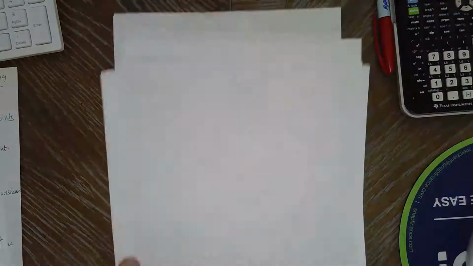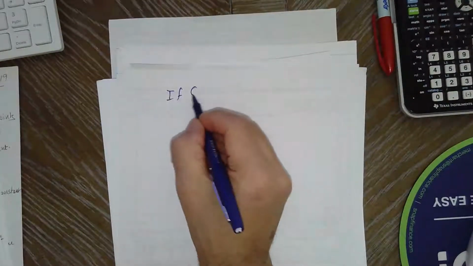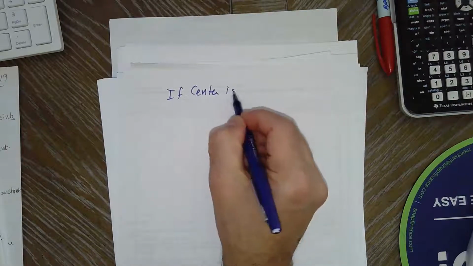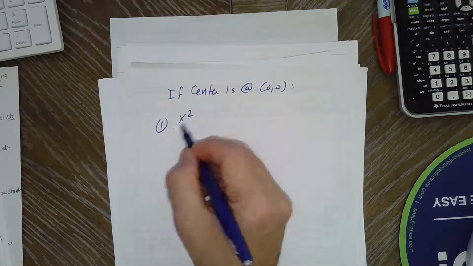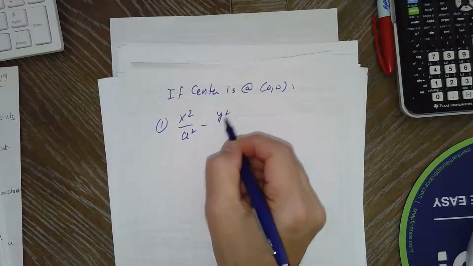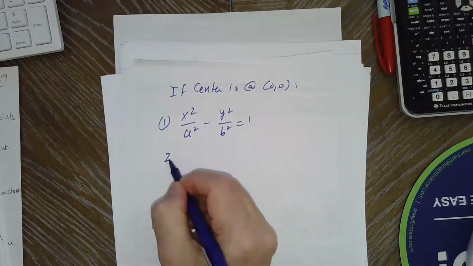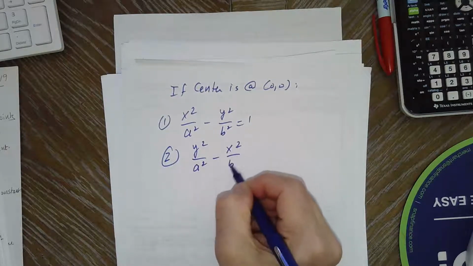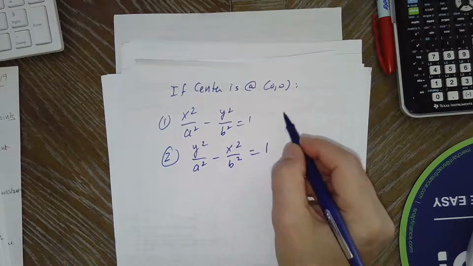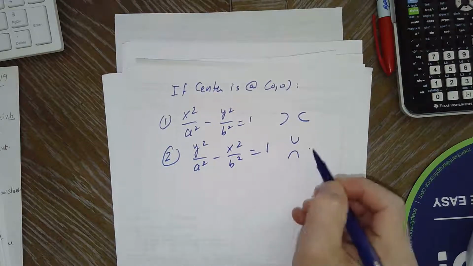If the center is at (0, 0), then we have either x squared over a squared minus y squared over b squared equals 1, or y squared over a squared minus x squared over b squared equals 1. This one opens right and left, this one opens up and down.